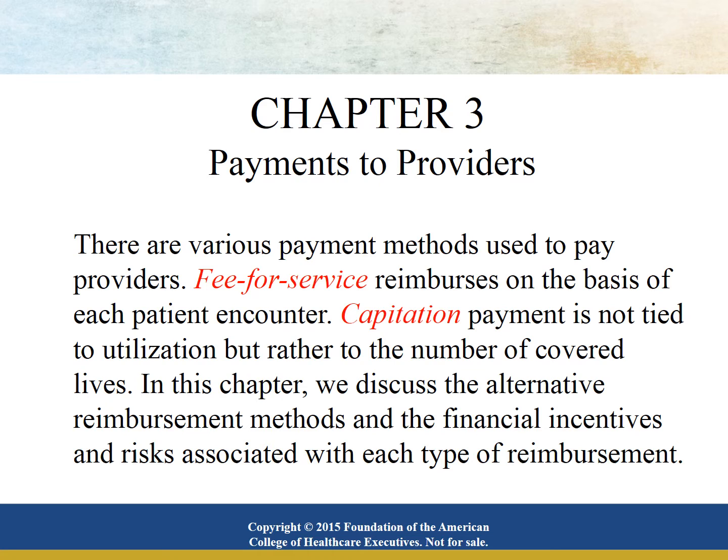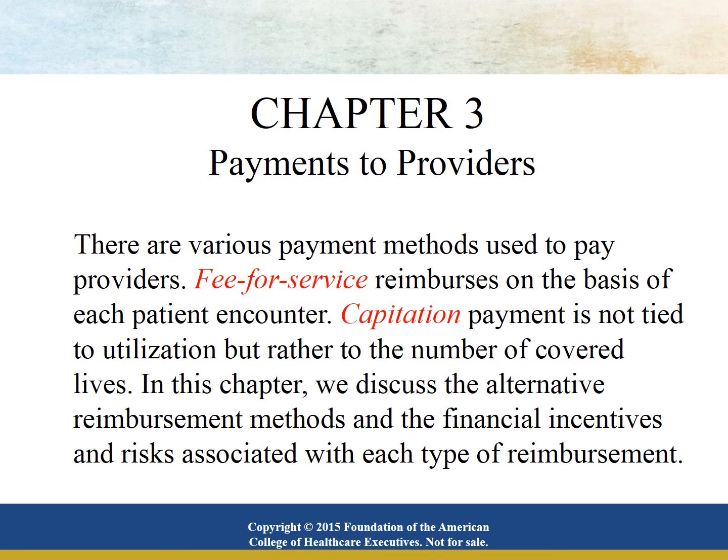When we get into chapter 4, there's a lot of formulas that we'll be going through, but there's also reference to how you put those things and solve for them on your spreadsheet, like Excel. Chapter 3 really covers payments to providers, and there's a variety. We're going to talk about fee-for-service. We're going to talk a lot about capitation. Fee-for-service is based on every patient that comes in.